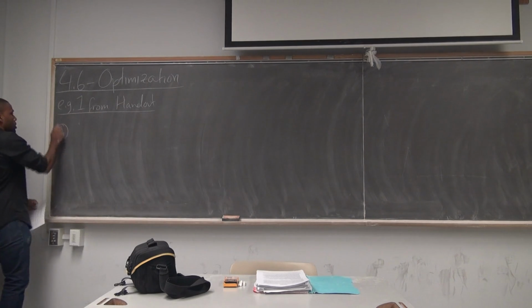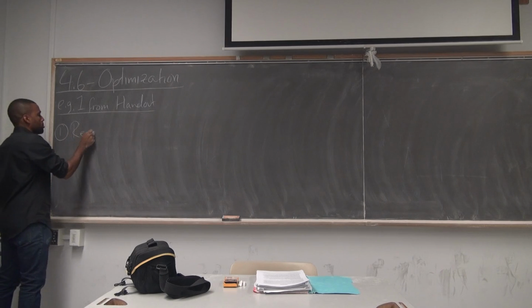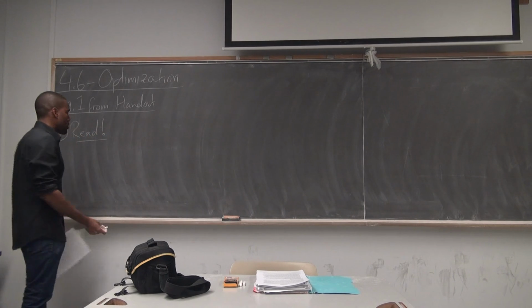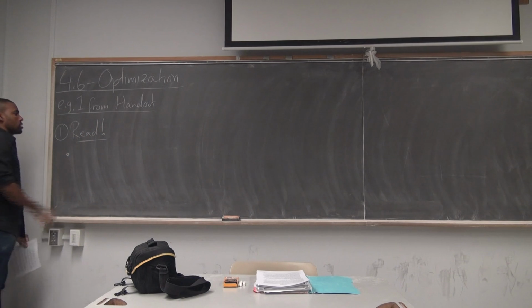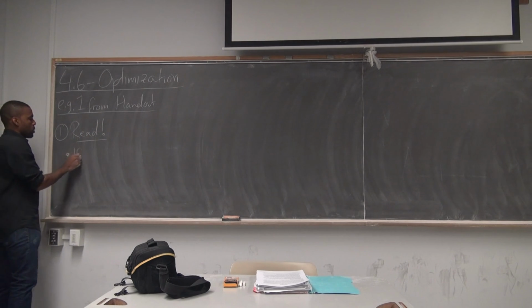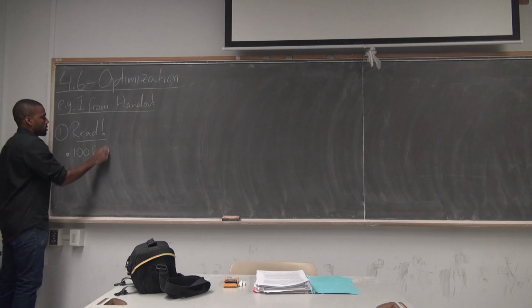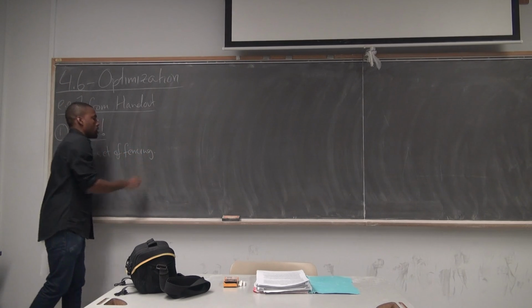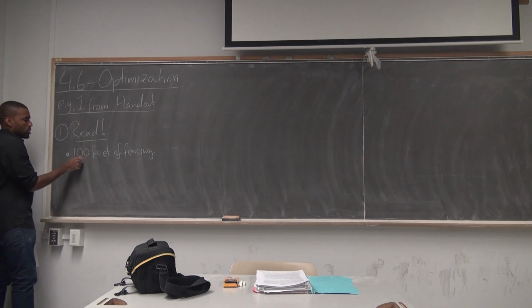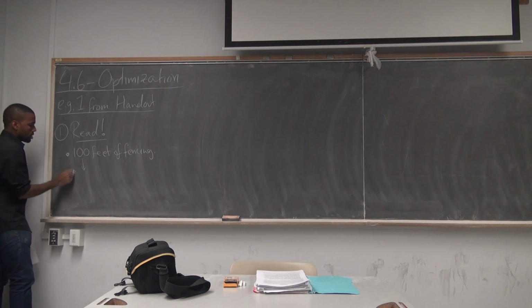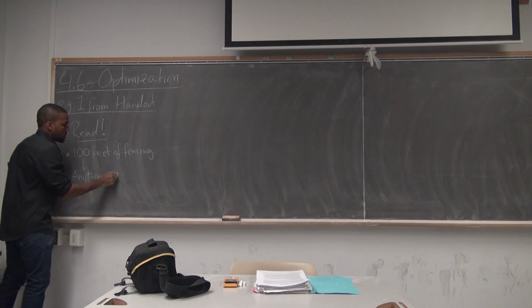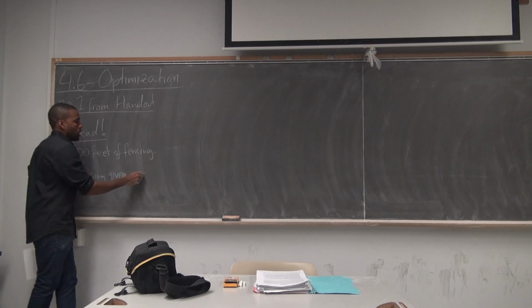So 1, we are going to read the problem. Some things I want you to notice while reading is that we have 100 feet of fencing, which means it's specifically given. Notice that anything actually given is a constraint.